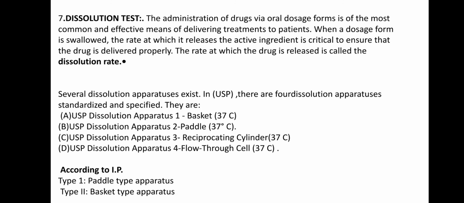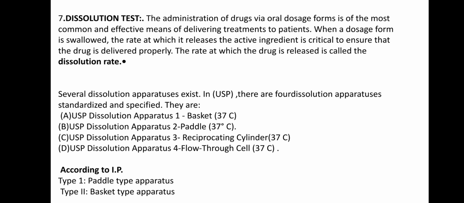Dissolution test. Administration of a drug via oral dosage form is one of the most common and effective means of delivering treatment to patients. When a dosage form is swallowed, the rate at which it releases the active ingredient is critical to ensure that the drug is delivered properly. The rate at which the drug is released is called the dissolution rate. Several dissolution apparatus exist.